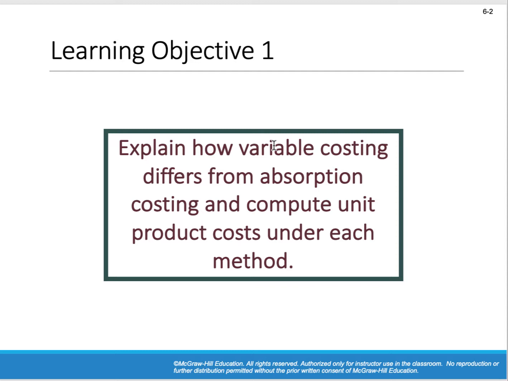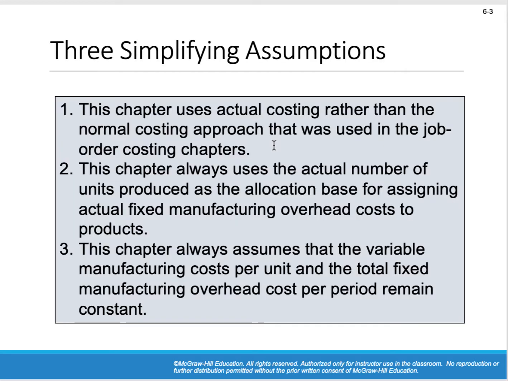Now we're going to jump into variable costing. Very, very similar to absorption costing. Before we jump into talking about what variable costing is and how it differs from absorption costing, we need to go into this chapter with some assumptions.